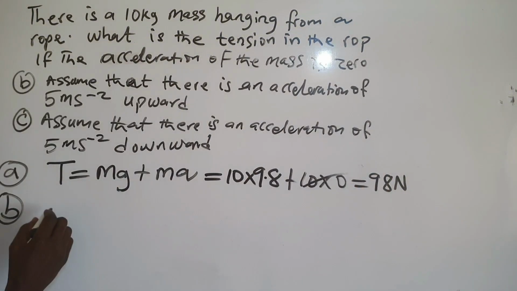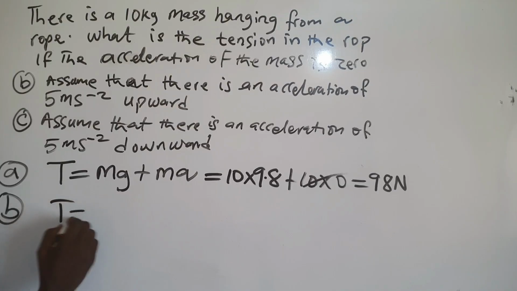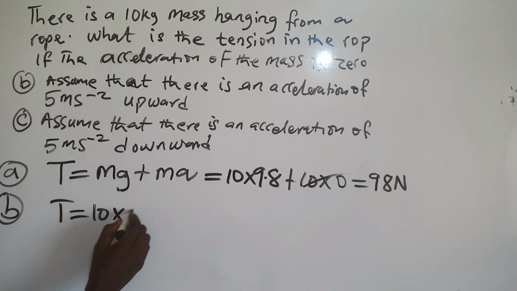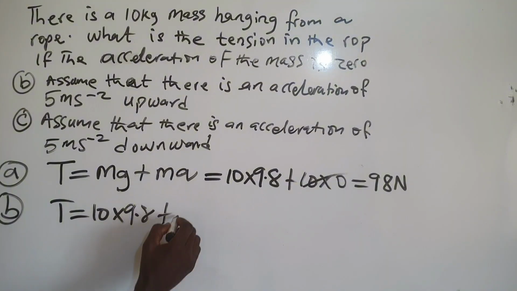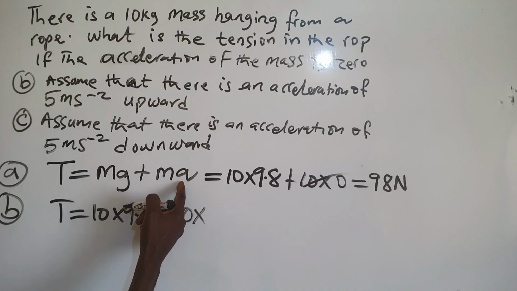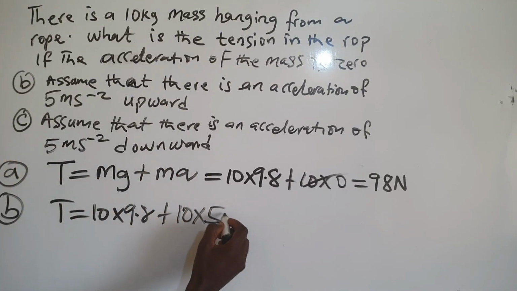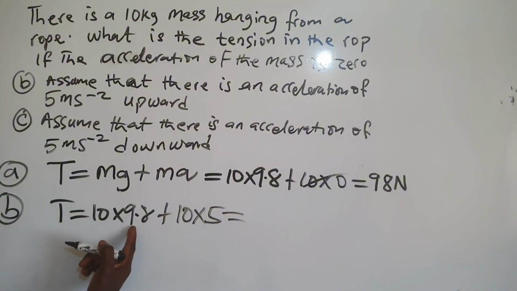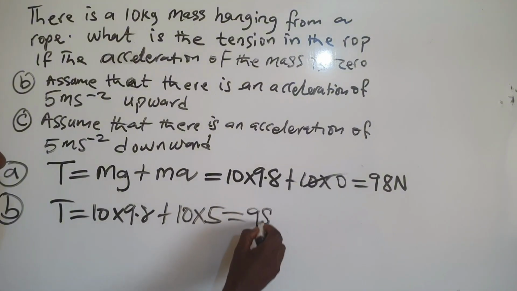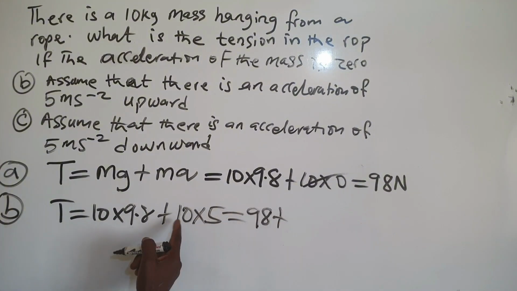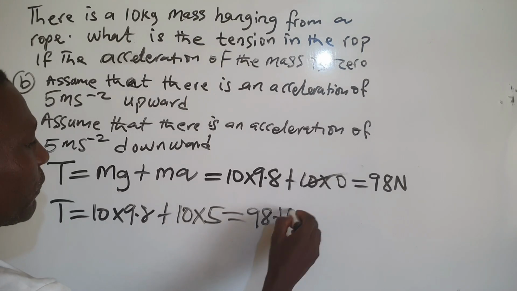We now say tension equals mass, which is 10, times the acceleration due to gravity, which is 9.8, plus the same 10 times acceleration of the object, which is 5. It will now be equal to 10 times 9.8 is 98, plus 10 times 5, which is 50.